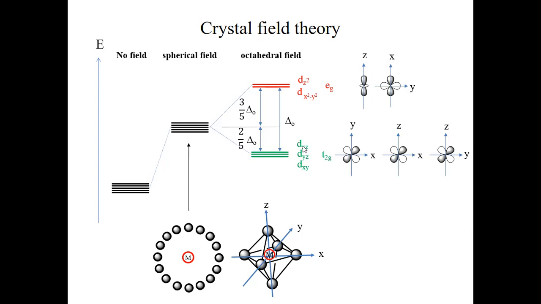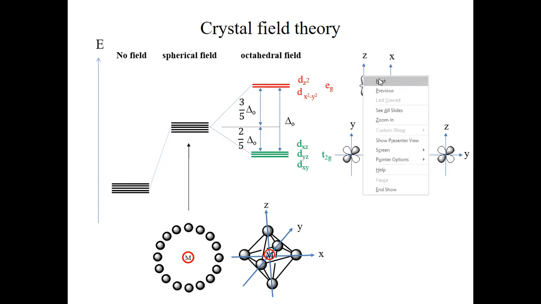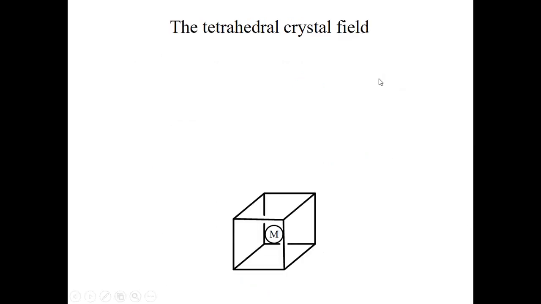Okay, now we can apply the same arguments also to other shapes. For instance, we can apply the same procedure also to tetrahedral complexes that have a tetrahedral crystal field.